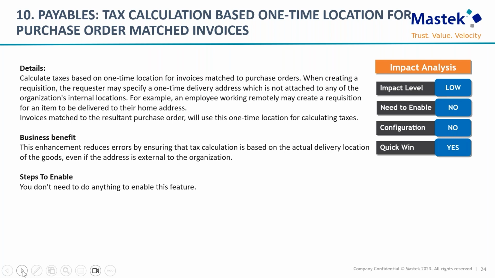In that case, invoices matched to that particular purchase order will use this one-time location for calculating the taxes. This ensures tax calculation is based on the actual delivery location mentioned in the purchase order.